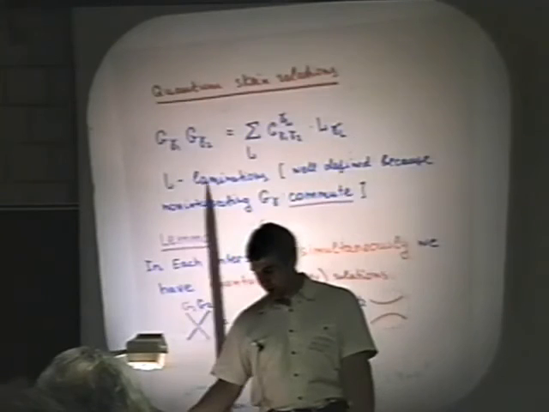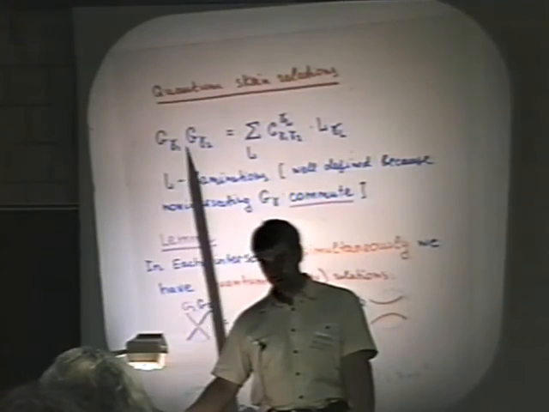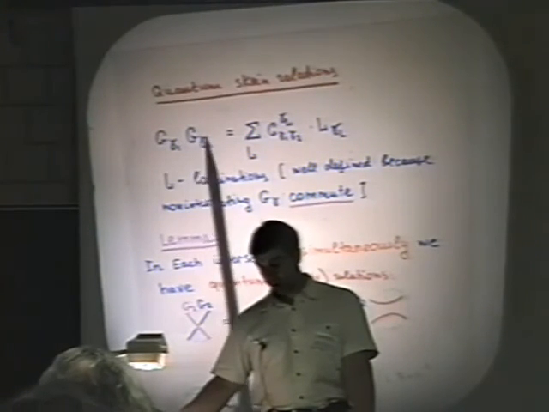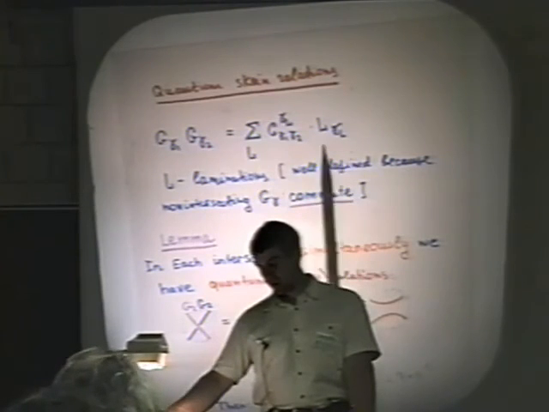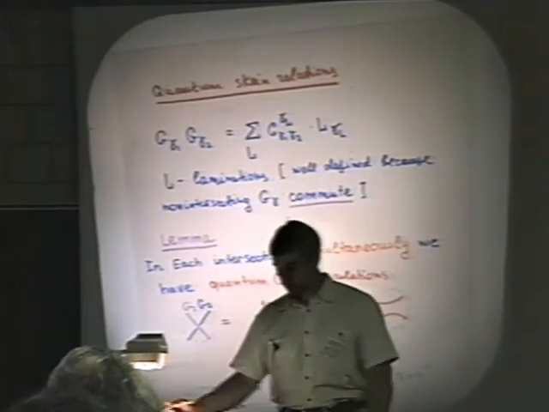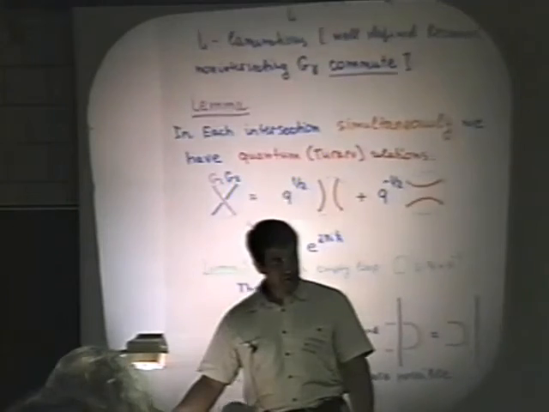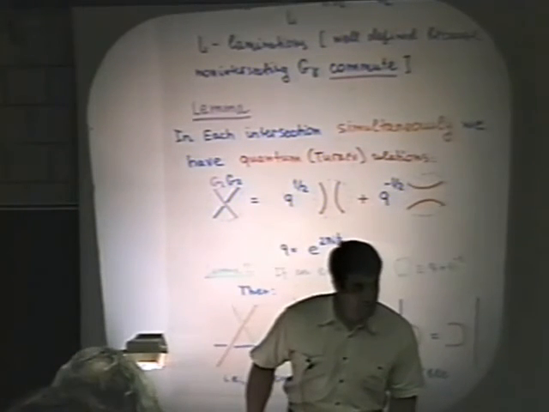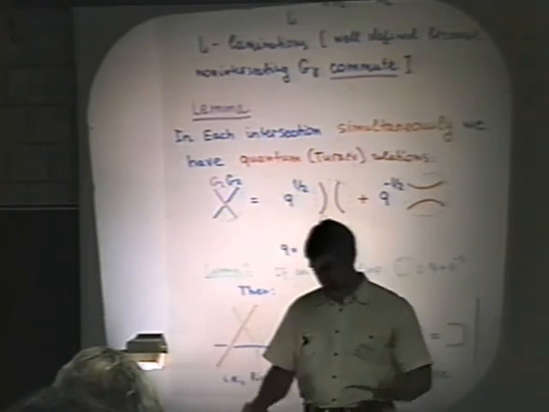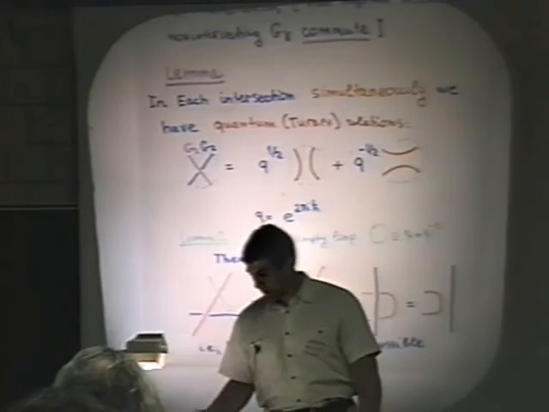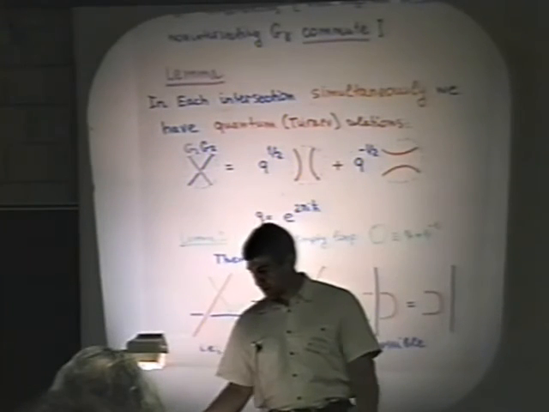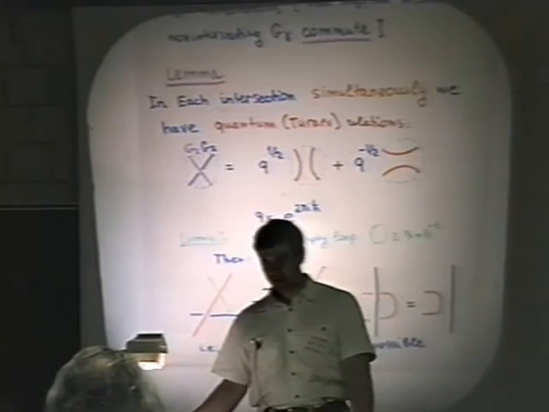And then we obtain what we need: the product of two quantum geodesic functions is a linear combination of quantum laminations. For instance, these relations are consistent with the Reidemeister moves.